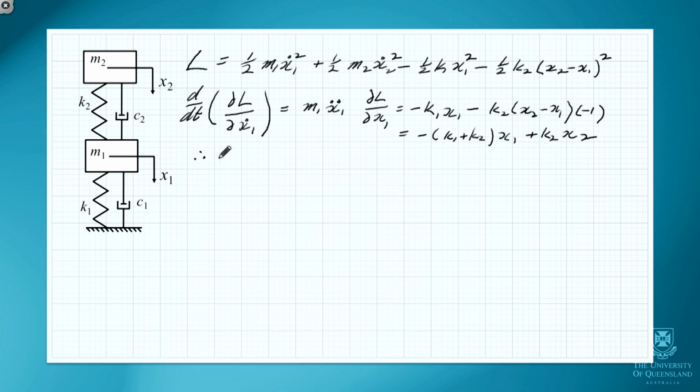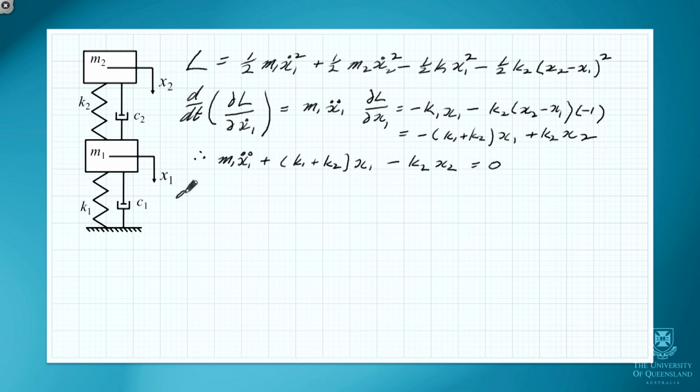That's going to be m1 x1 double dot, and I have to subtract dL/dx1, so that now becomes plus (k1 plus k2) x1 minus k2 x2 equals 0. Note again that the term in x1, the stiffness term, is positive. So therefore this does describe an oscillation.